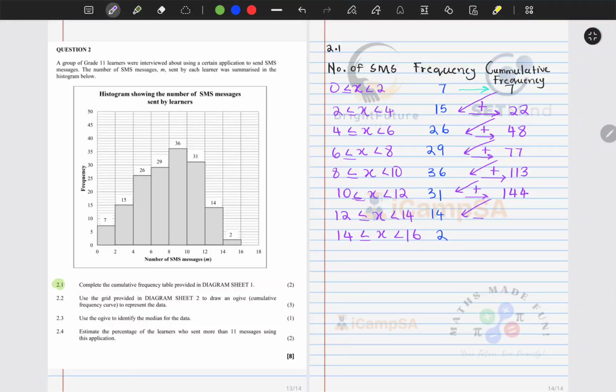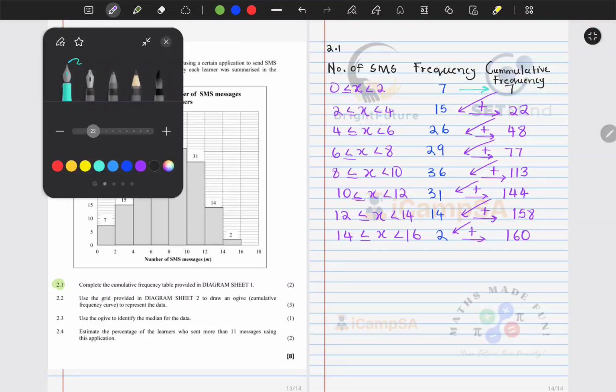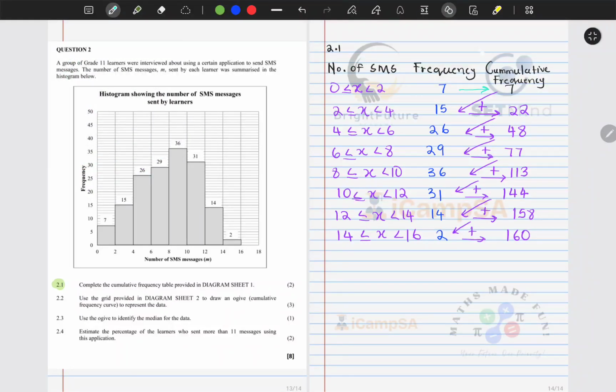Then you carry on and add 14, and you get 158. Then you add the last one, plus 2, and you end up getting 160. So that becomes our cumulative frequency column, which is what they were looking for in question 2.1.